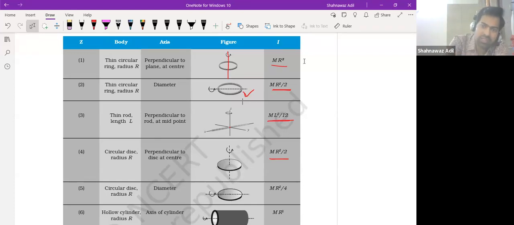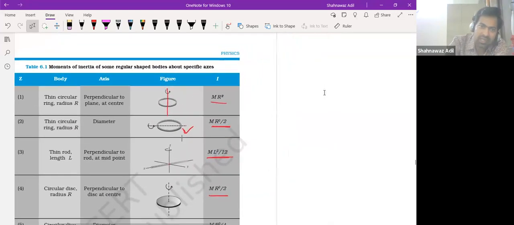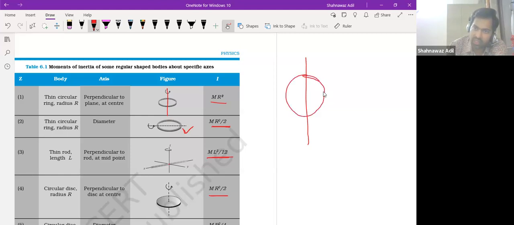And what is that distance? It is the distance from the axis of rotation. We have this axis of rotation and, let's say, this ring, which I am taking diametrically. I know that my inertia is mr square by 2, and this r is this length.